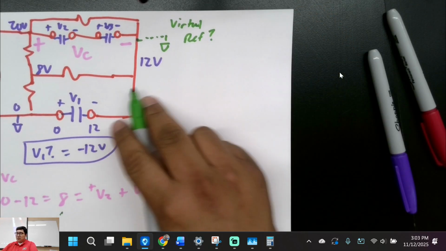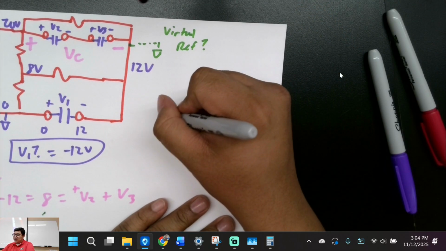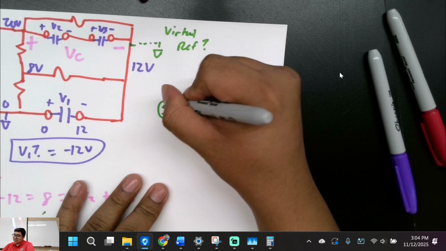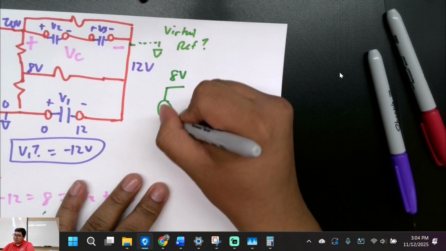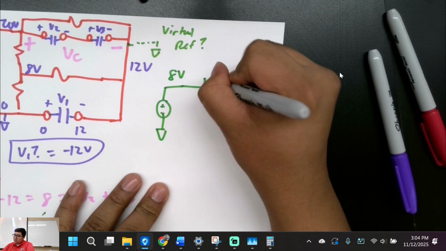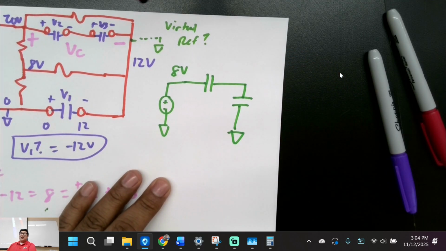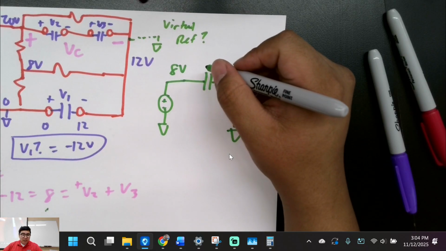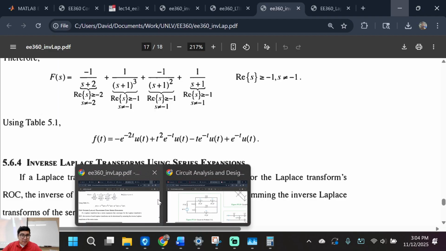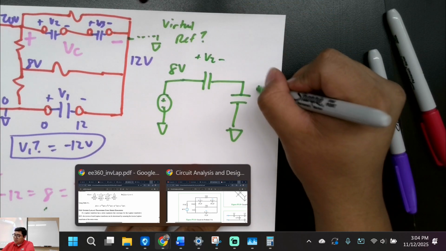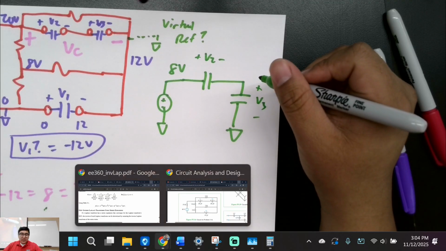All right, so I'm going to create a new circuit just to demonstrate. Plus minus 8 volts. And this right here is what capacitor? It's going to be our V2, plus minus V3.